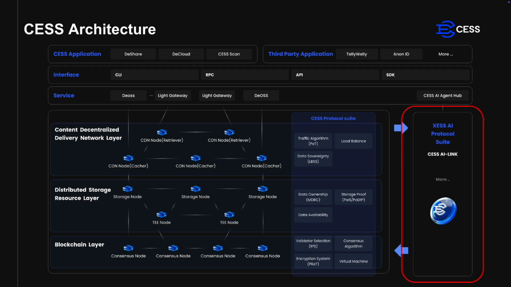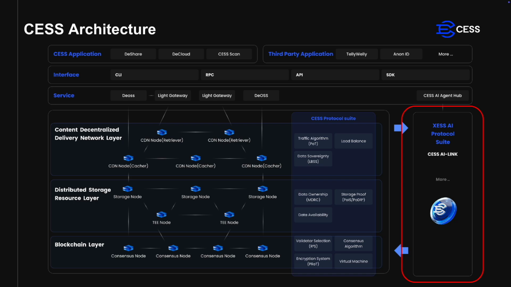On the right side of the architecture, we have the CESS AI Agent Hub, which interacts with the CESS AI protocol suite. The core component of this suite is CESS AI Link, which integrates federated learning mechanisms. This allows participants to train shared AI models without compromising or exposing their original data.